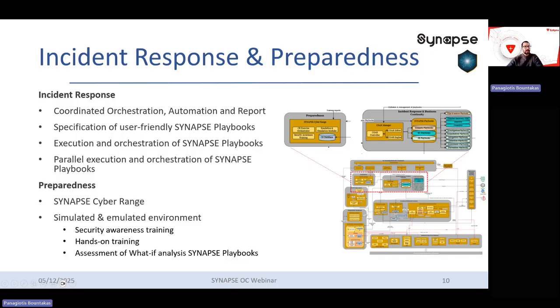Let's say these playbooks could be used to automate the assessment execution processes, or in case of specific alerts, to perform automated actions and block attacks or malicious operations that target the organization that Synapse is employed to.